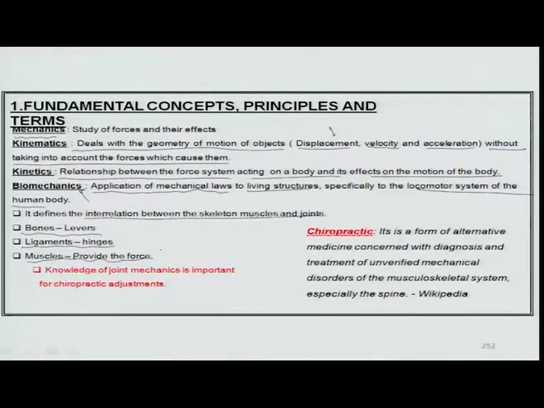So the knowledge of joint mechanics is very, very important for chiropractic adjustments, which is about alternative medicine concerned with diagnosis and treatment of unverified mechanical disorders of the musculoskeletal system, especially the spine.